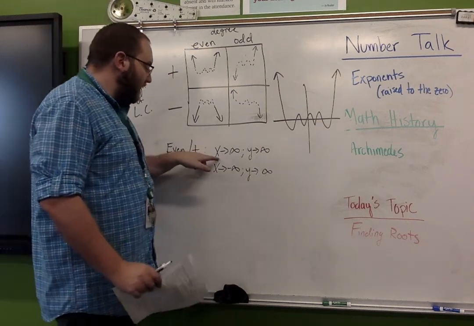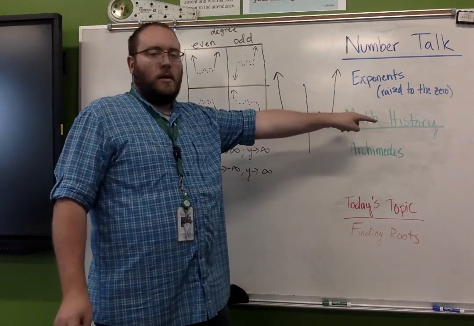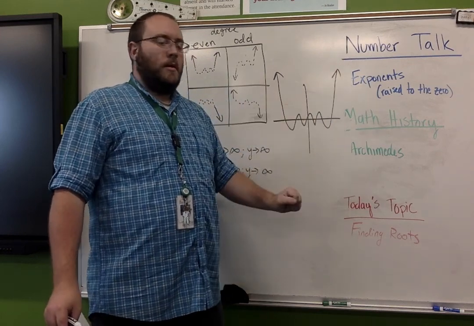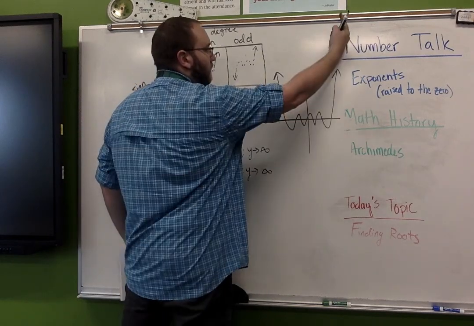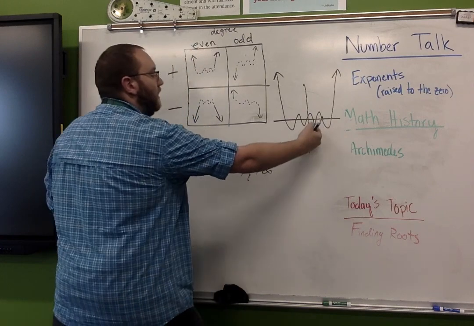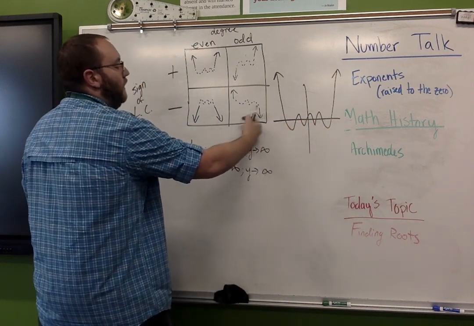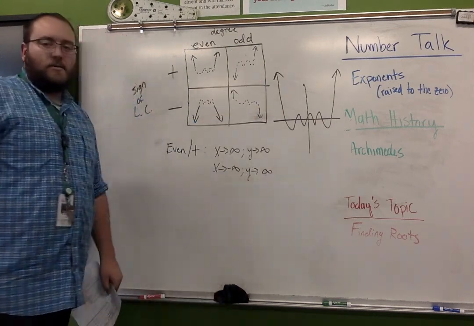Now, as x goes to infinity, so our x-axis, as it's going that way, which way is the tail going? Well, the tail's going up, right? So, as x goes to infinity, y goes to infinity. As x goes to negative infinity, so as we go this way, which way is the tail going? Well, it's going up, so y is going to infinity. That's the notation we use.